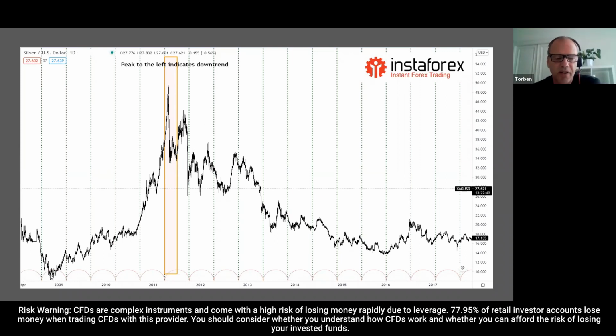And the longer the uptrend has lasted, you should expect at least a similar period of time where the market is moving down or sideways.